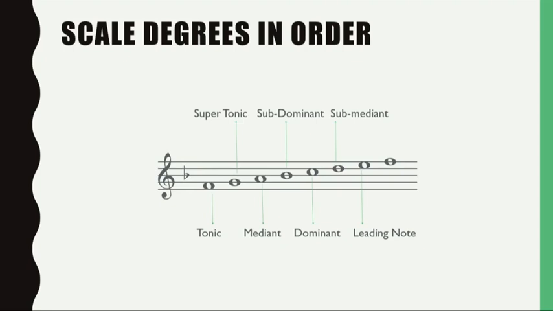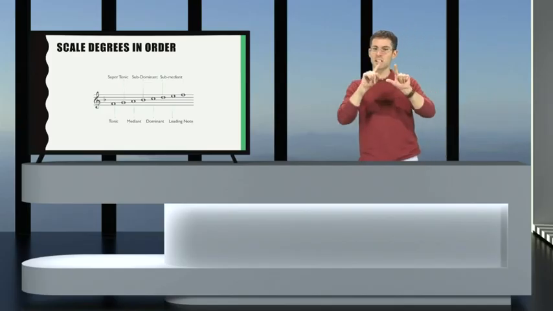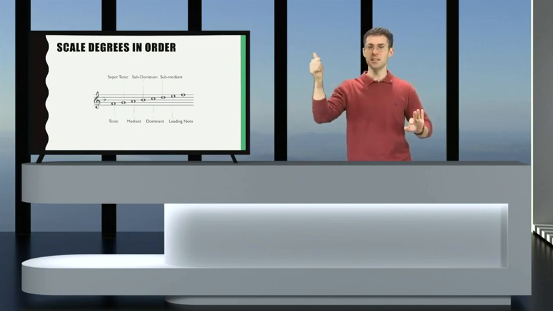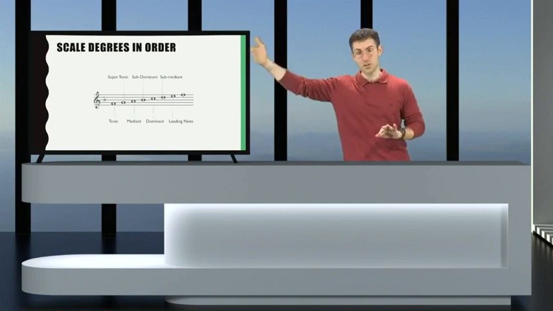Then we get the leading note, and then for the top note, I haven't written anything. The reason is because, remember I said at the beginning, the first note and the octave share a special relationship. They are the same. So we start with tonic again. The top note is also called tonic. So: tonic, supertonic, mediant, subdominant, dominant, submediant, leading note, tonic.